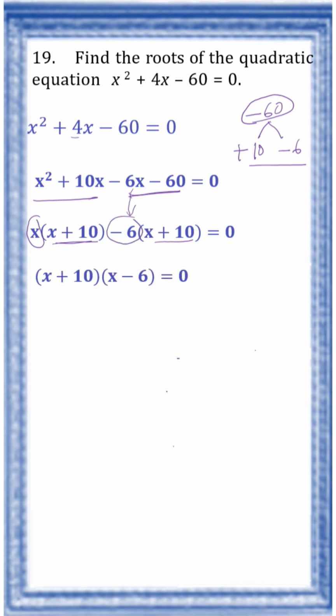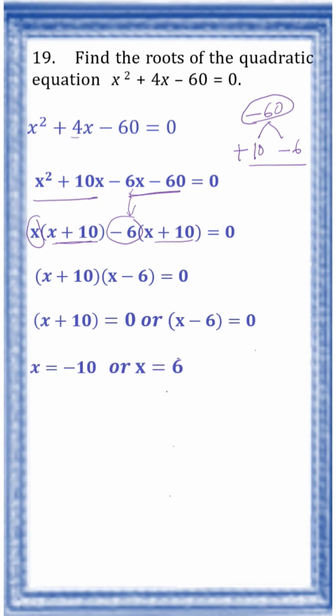So x plus 10 is equal to 0 or x minus 6 is equal to 0. So x is equal to, if you transpose 10 to this side, you will get x is equal to negative of 10. Here if you transpose negative of 6 to that side, you will get positive 6. So the answer is x is equal to negative of 10 or x is equal to 6.